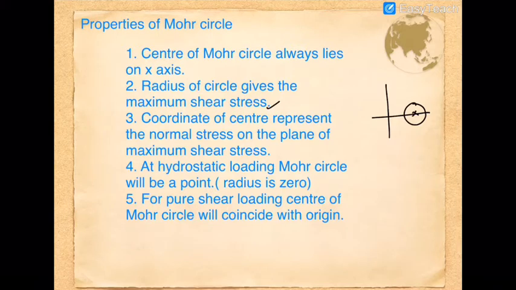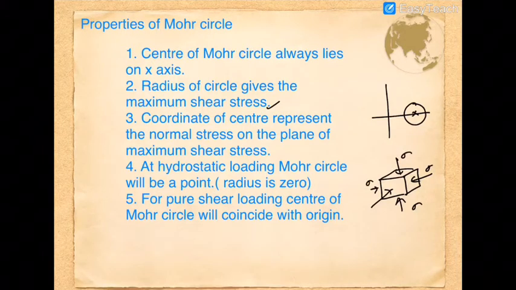We will discuss the construction of the Mohr circle in detail later. Fourth, under hydrostatic loading, the Mohr circle will be a point. Hydrostatic loading is the case when the object is subjected to equal magnitude stress in all directions. For example, this cube is subjected to a hydrostatic load on all faces with a value of sigma.